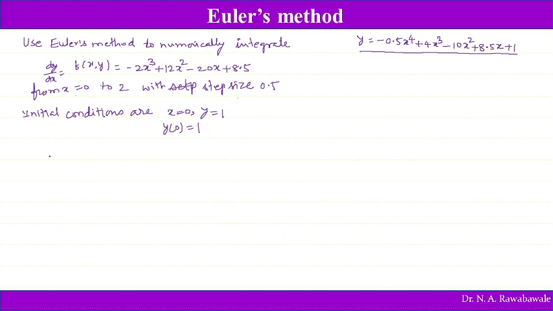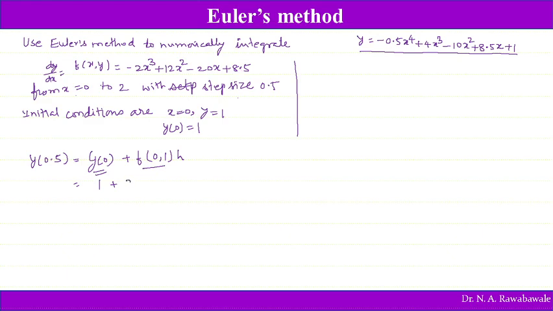So now applying this Euler's equation, y at 0.5 is equal to y0 plus f of 0 comma 1 into h. So y0 is nothing but 1 plus f of 0 comma 1. F of 0 comma 1: here if we substitute 0 comma 1 in this equation, only the x value is 0. If you substitute 0 everywhere, it will be 8.5.